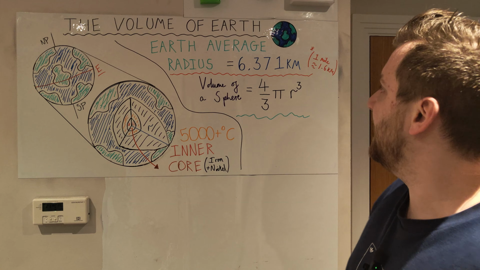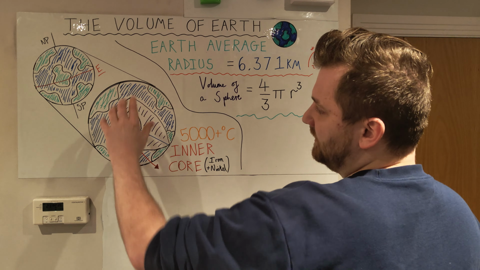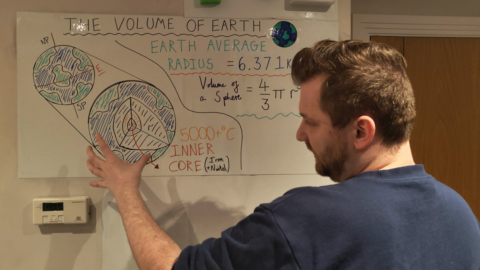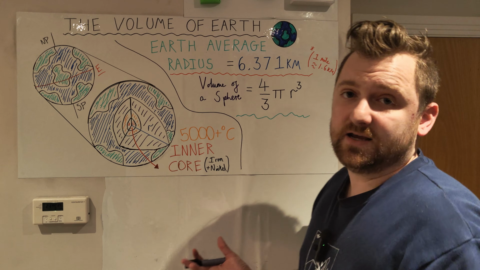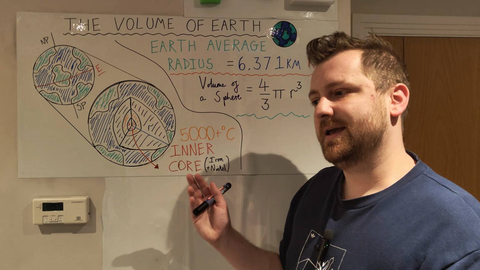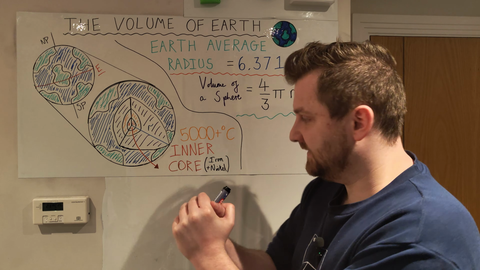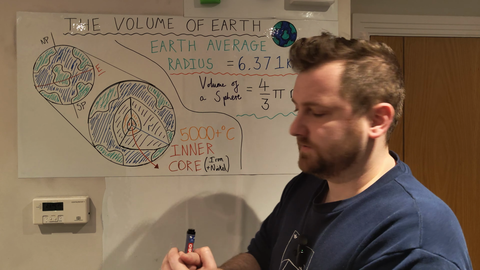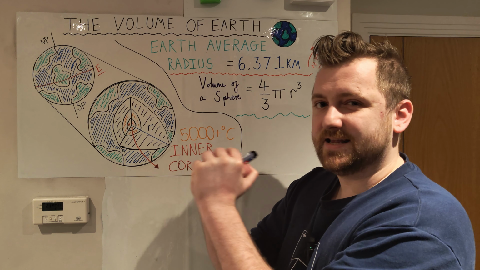So we've got the Earth's average radius, and just to give you a visualization of the radius again, we've got r, and it's going from the edge of the Earth, which is the crust, and it's going all the way to the center, which is the inner core. So in case you are interested, the inner core is 5,000 plus degrees Celsius, so it's very hot, but it's actually still a solid because it is under so much pressure from gravity, and it's mainly made up of iron and nickel, and potentially some other things as well, but apparently it's mainly iron and nickel, and we want to go to the very center of that.